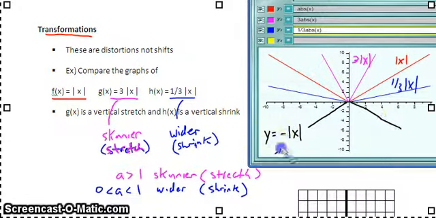So that would be a reflection. So the negative out in front is a reflection of the graph, which is something that we've already talked about in previous sections of these notes, but understand that the negative in this case is a reflection. It has nothing to do with whether the graph is opening larger or skinnier than the parent function graph.